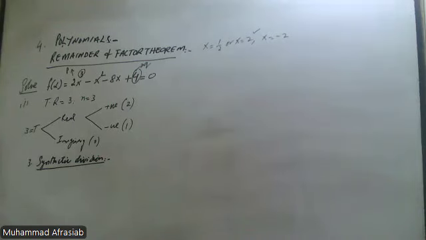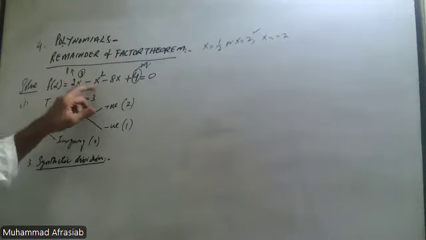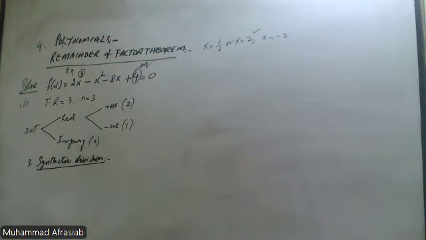First of all, your main function should be in the descending order, and you have to write down their coefficients. So the x cube coefficient is 2 there, the x square coefficient is minus 1, then minus 8, and plus 4.